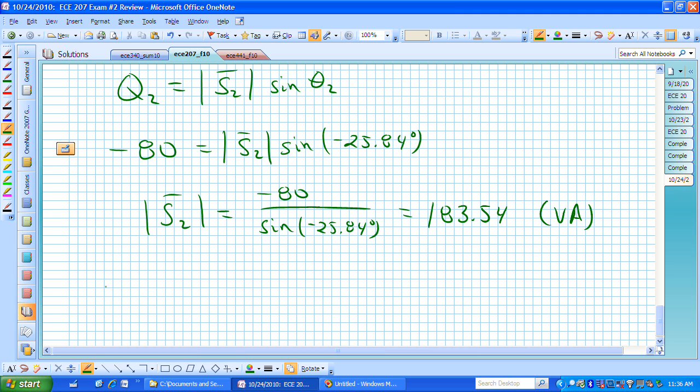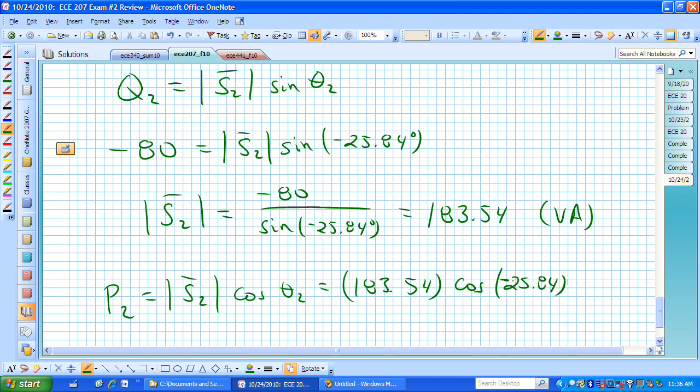We can now use that to find P sub 2, the rectangular component, the real part of our complex power, and that's S2 cosine of theta sub 2. We now have 183.54 times the cosine of 25.84.